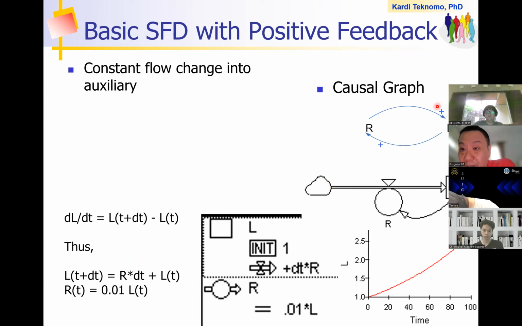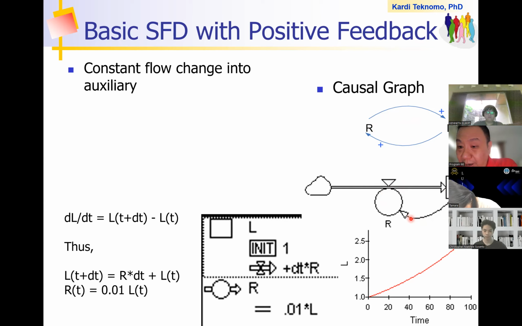How about here? In this example, this is the CLD. I have the rate and the level. Rate is R, the level is L here. We have a positive feedback loop here. Then you draw the SFD. The SFD is just the box and the valve. From the rate going to the level, here is the arrow. From the level going back to the rate, here is the arrow.